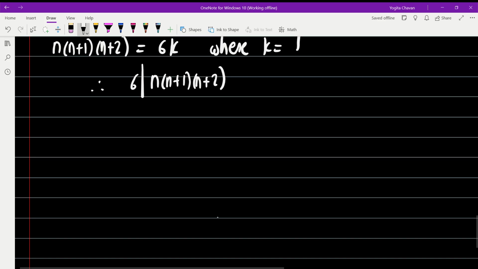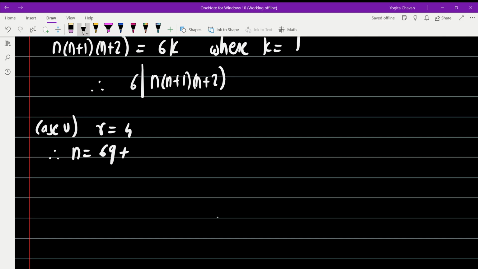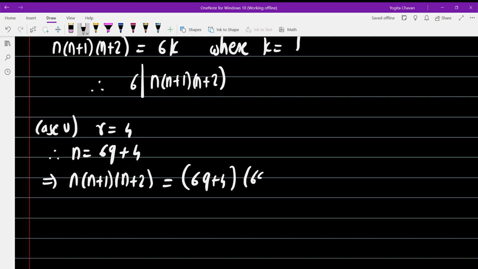Now case number 5. So in this case the remainder is equal to 4. Therefore, n is equal to 6 into q plus 4. This implies now n into n plus 1 into n plus 2 is equal to, now the value of n is 6q plus 4, the value of n plus 1 is 6q plus 5, and the value of n plus 2 is 6q plus 6.